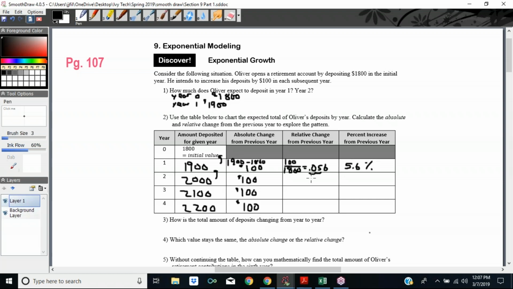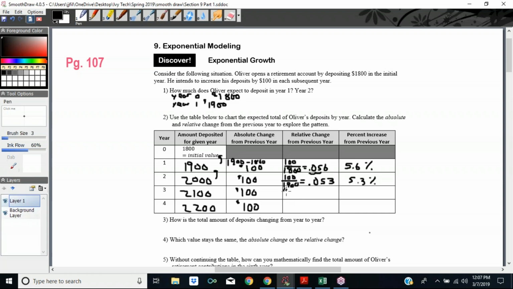Okay, and then let's see, the next one is going to be 100, the absolute change, divided by the previous deposit, 1,900. You can see we're dividing by a larger number, so our relative change is going to go down a tiny bit. In this case, it's 0.053. There we go. So 5.3%.